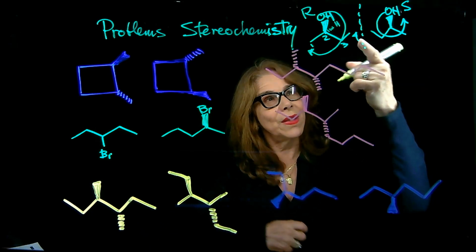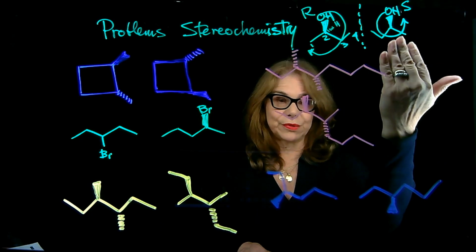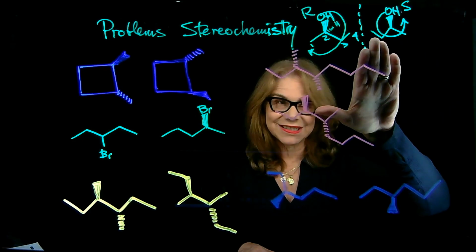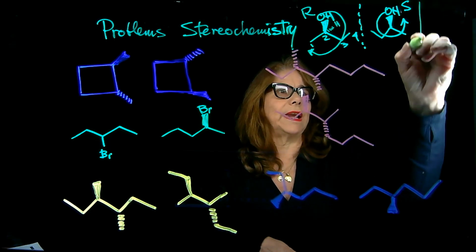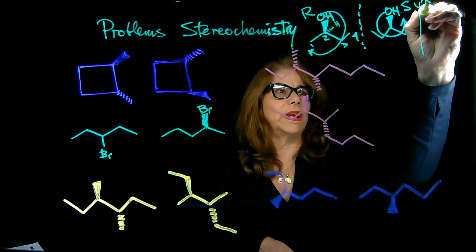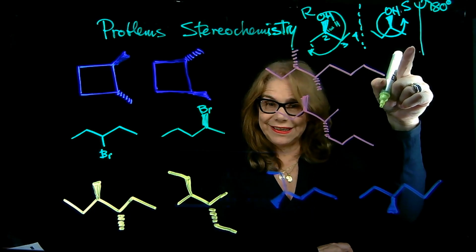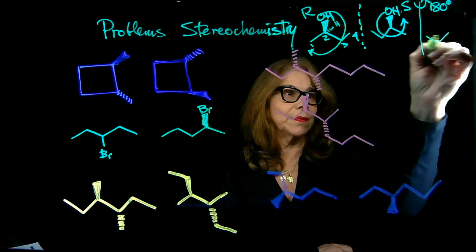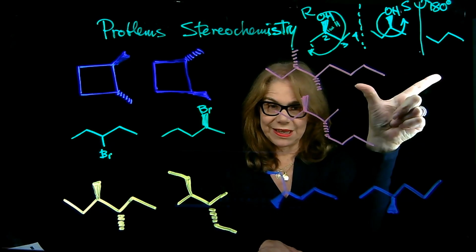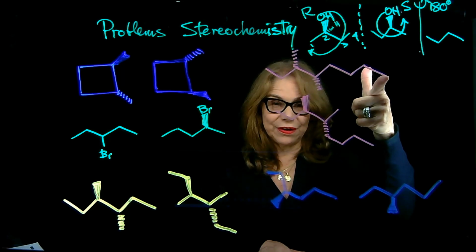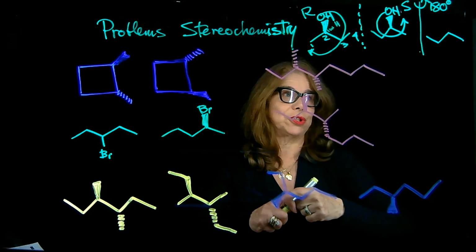You can draw another drawing of the same enantiomer. If I do that and rotate 180, what's on the right is going to go on the left, and what's on the left is going to go to the right. But if they are one wedge and one dash, and I do 180, they also change places.